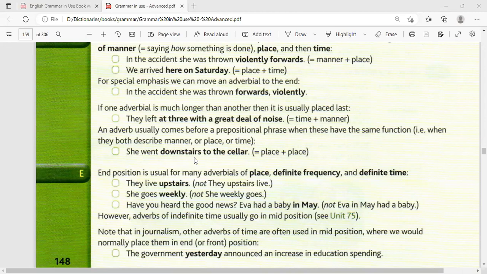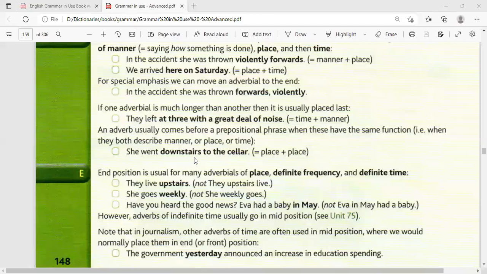So she went downstairs to what? To the cellar. So here, the adverb usually comes before a prepositional phrase when these have the same function.